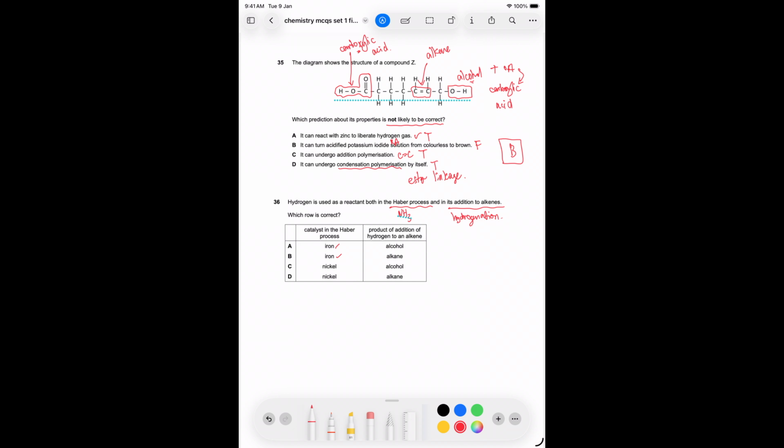In the product of addition of hydrogen to alkene, in the end you will form alkane, because after you open up your CC double bond and add in your hydrogen gas, you plug in hydrogen and hydrogen, so you become an alkane now. So the only one that makes sense is B. Okay, moving on.